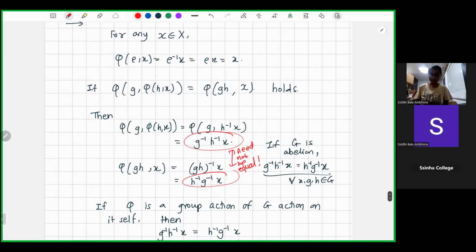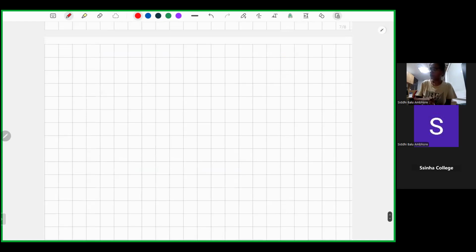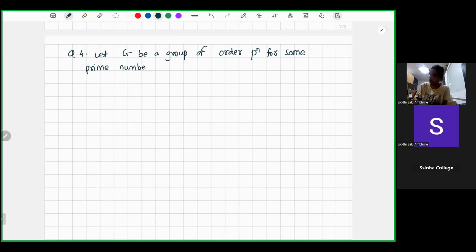Yeah, we will see how we can go about this question. So let G be a group of order p power n for some prime number p acting on a set S. So G is acting on some set.